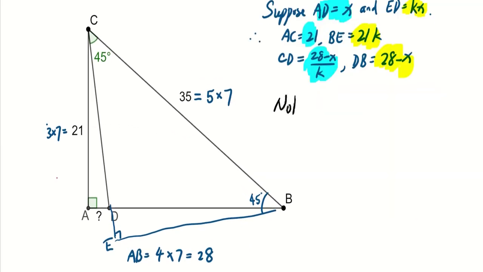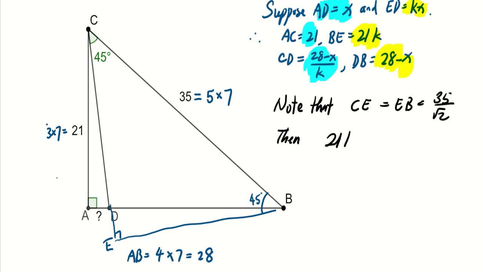Now note that CE is equal to EB, which is 35 over square root 2. Then 21k is equal to 35 over square root 2, which means that k is actually equal to 5 over 3 square root 2. And also CE is equal to CD plus DE.